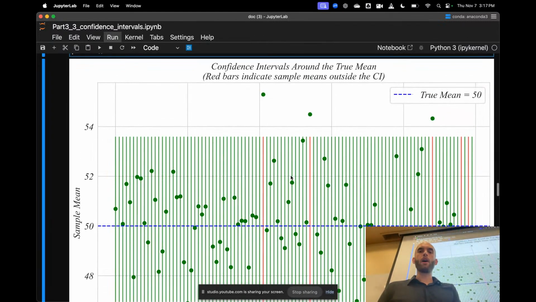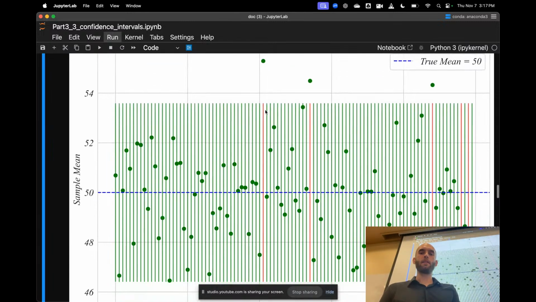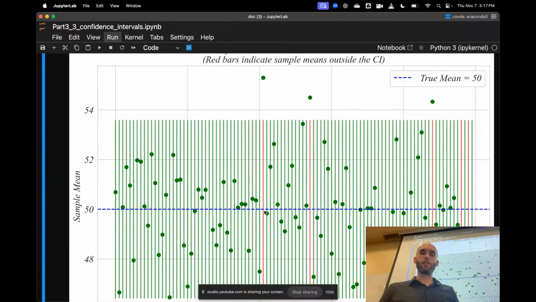But another way of seeing the confidence interval is that if I were to shift this confidence interval up and place it around this upper dot, it would be red. This confidence interval centered on the sample would include the mean the same number of times as when we do it this way.